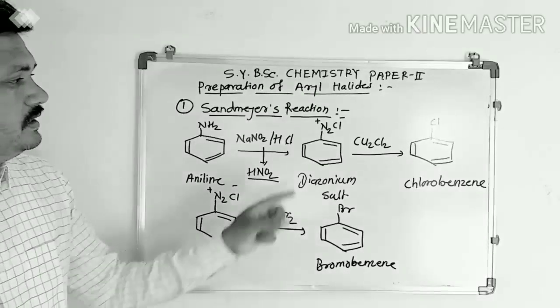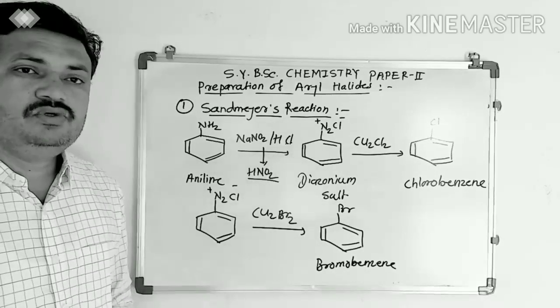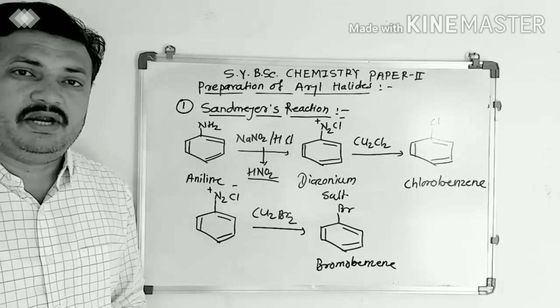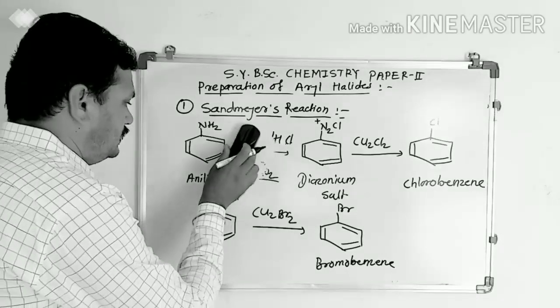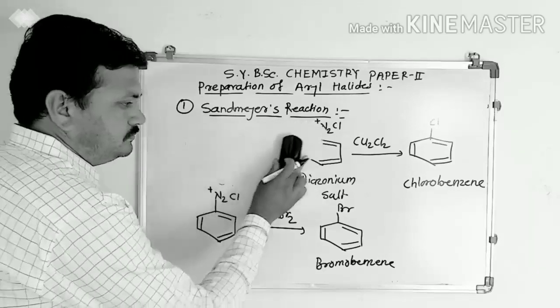Again, if this diazonium salt is treated with potassium iodide, we get the product, it is iodobenzene.